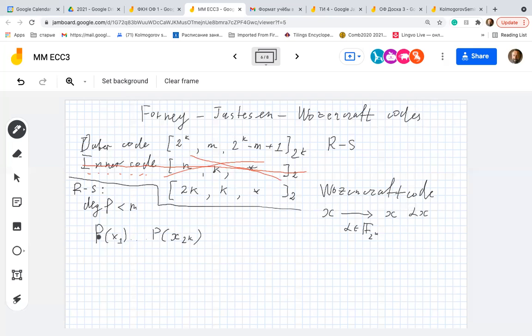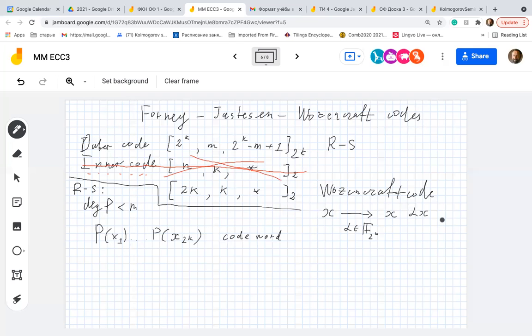And now we use as alpha x1 to encode this block, x2 to encode this block, and so on. Each block of this code word is encoded using the Wozencraft code, and instead of k bits, we obtain 2k bits.